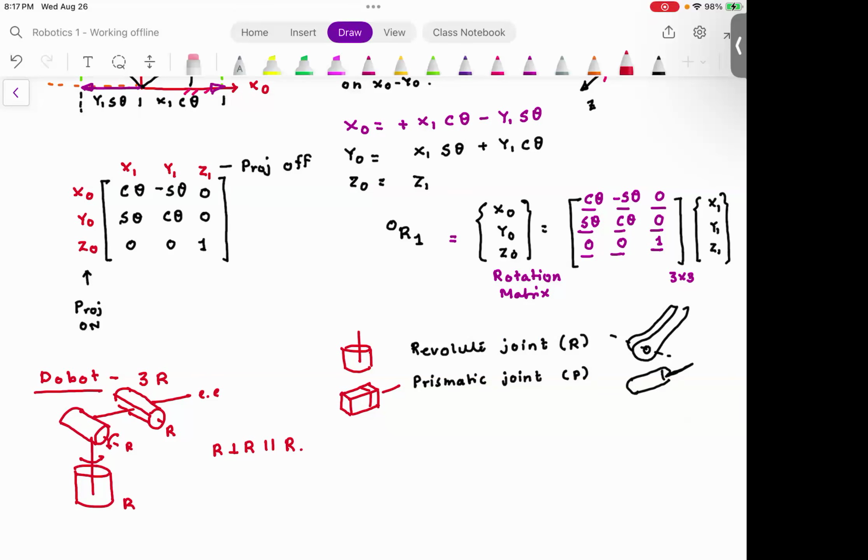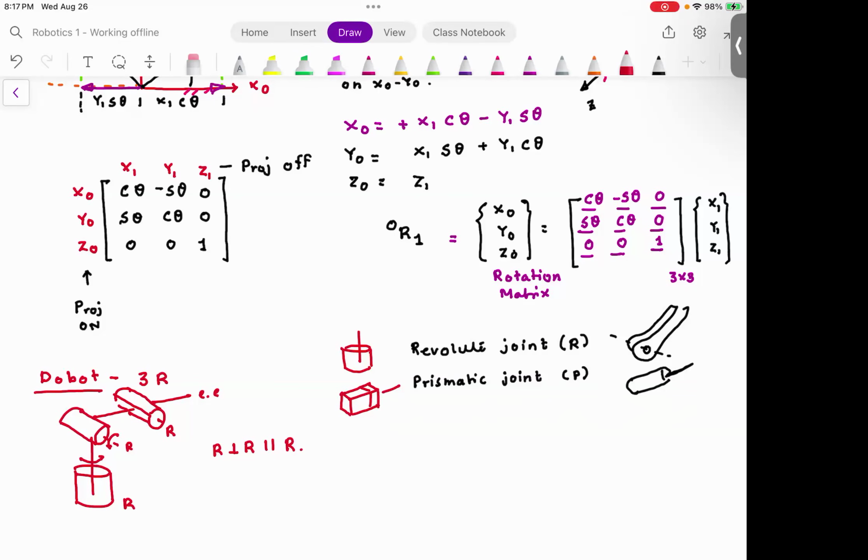The other thing which I want to talk about is, when you want to solve the forward kinematics problem for the DoBot, all this geometry is given to you because the fixed link lengths are given to you.